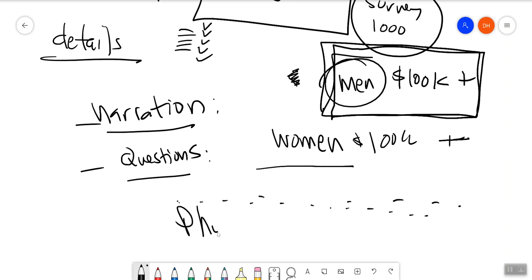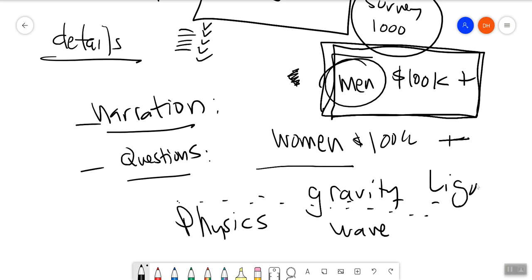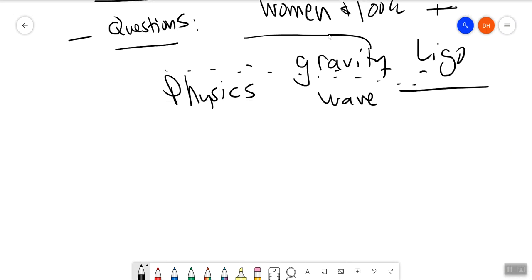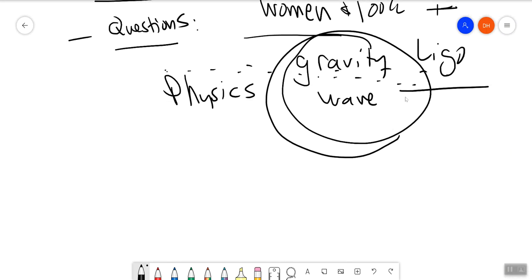You'll see this replication actually a lot in physics, because maybe about 3 or 4 years ago they were doing experiments with the LIGO, and they were trying to find gravity waves, and they had this result. This is a very complicated machine.